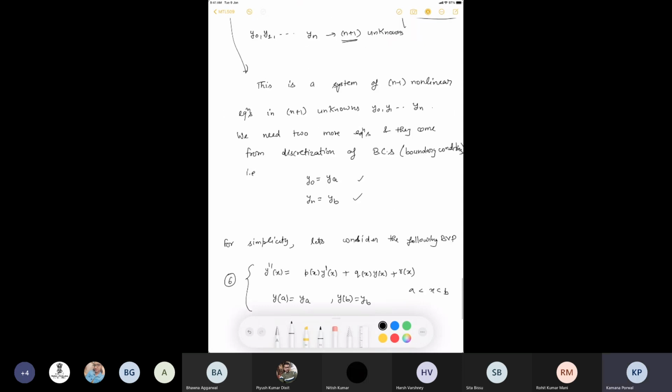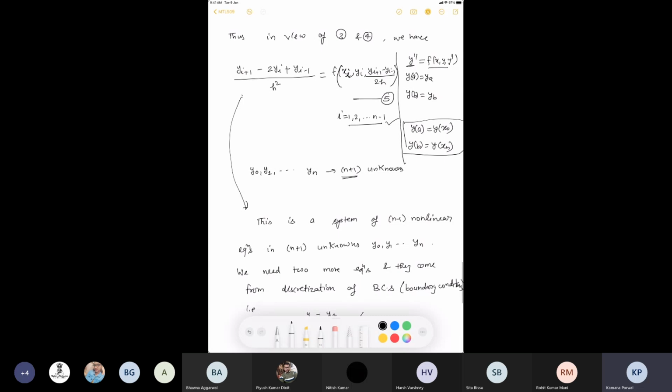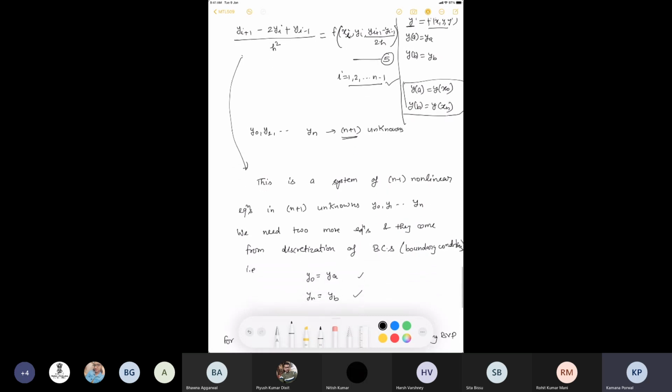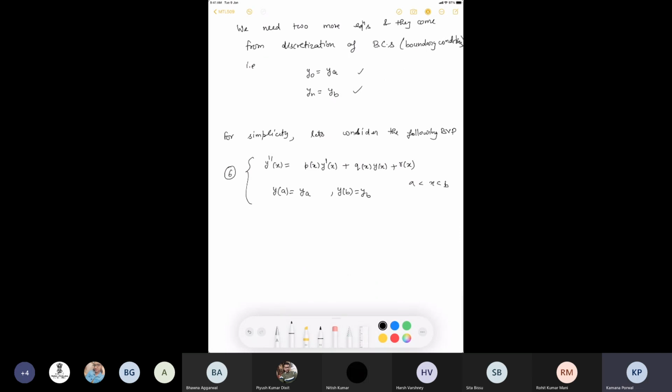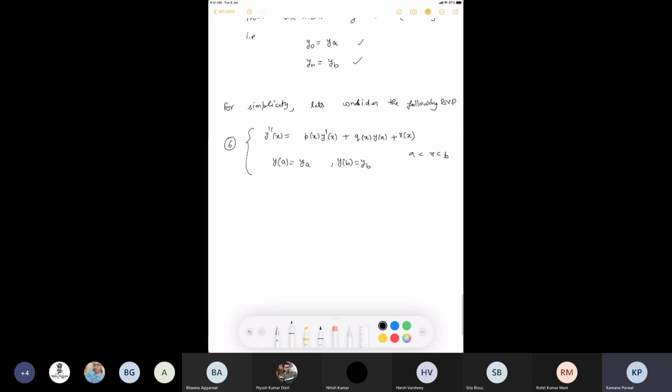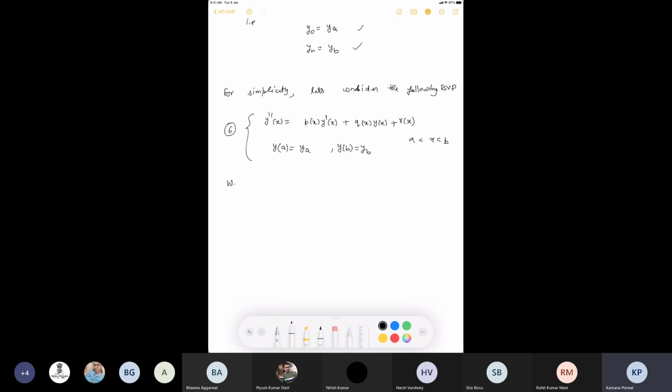So if you just try to compare with the given initial value problem 1 and 2, I've just taken the particular form of the f here. All right. And I'm going to assume that we have a unique solution. Okay, so let me just take the requirements on p, q, r.